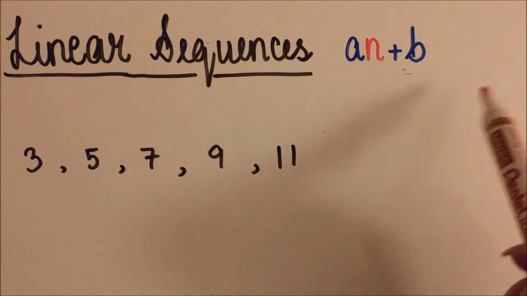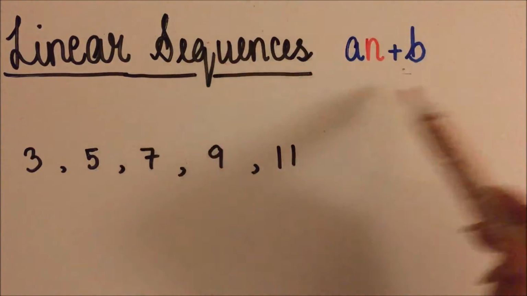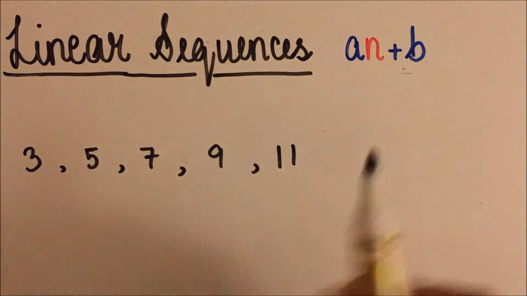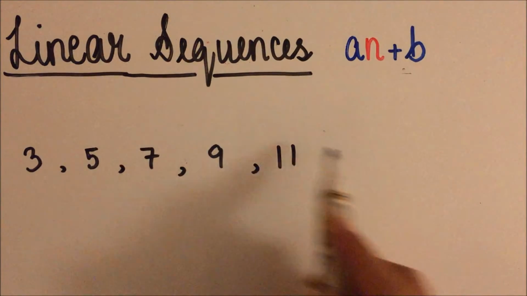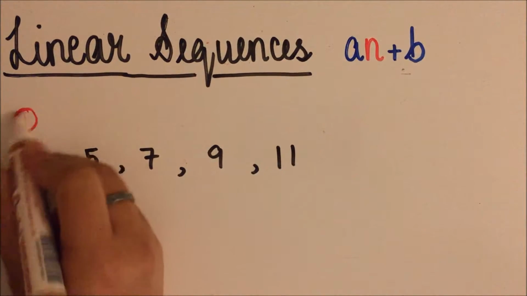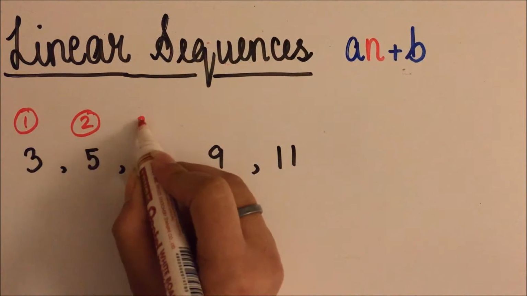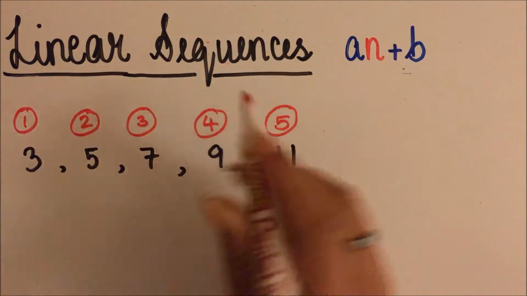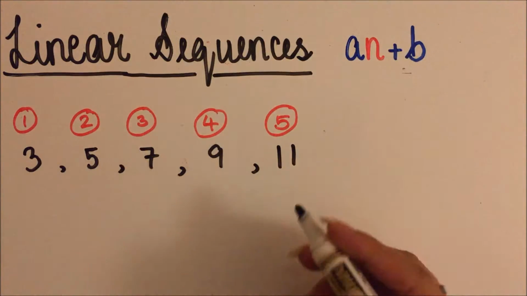So how do you actually find this formula, which would then help you find different terms of the sequence? We've got a sequence here. Obviously, we've got the first term, the second term, the third term, the fourth term, and the fifth term. That's really simple.